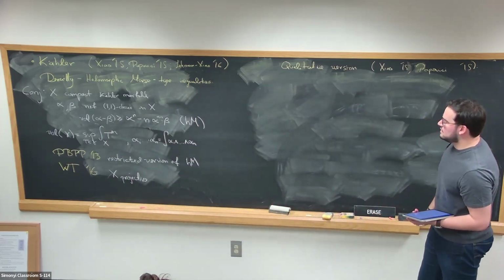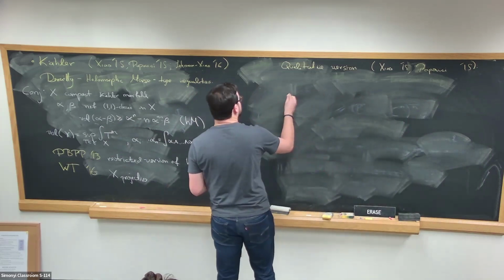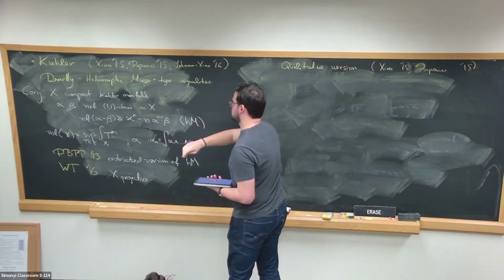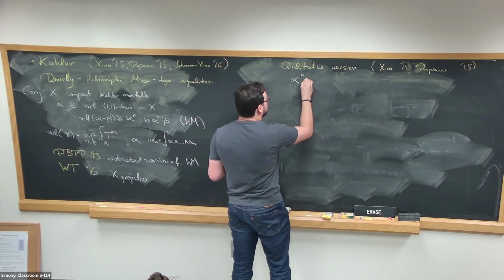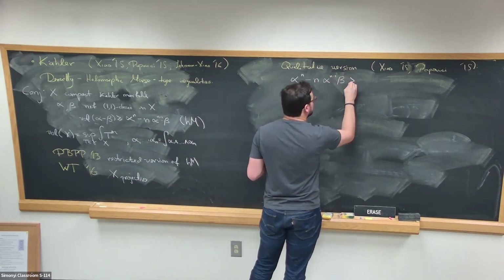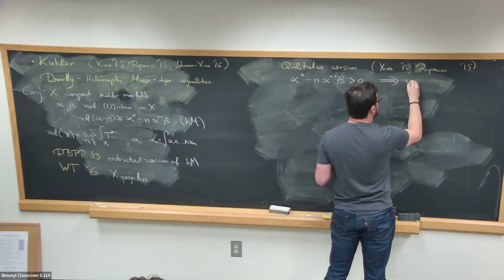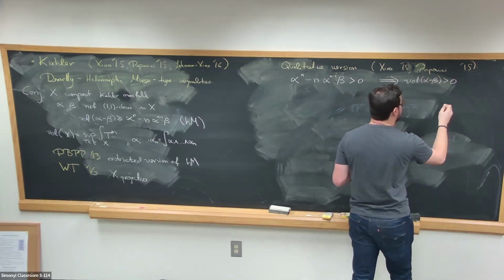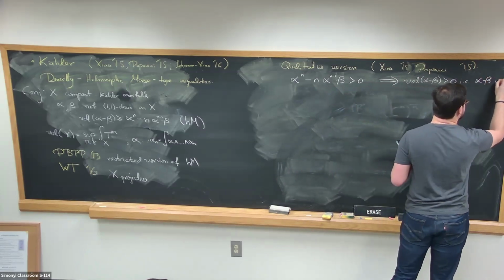The result that they obtain is something along the lines of, again, X a compact Kähler manifold, alpha and beta nef 1-1 classes on X. They say that alpha to the n minus n times alpha to the n minus 1 beta being strictly bigger than 0 implies that the volume of alpha minus beta is positive, i.e., alpha minus beta is big.